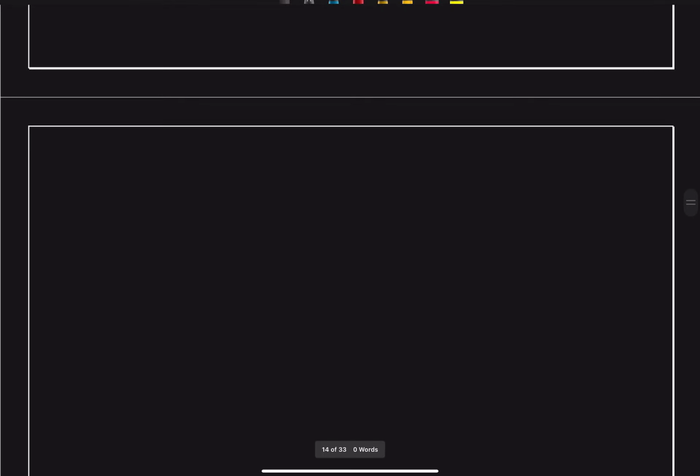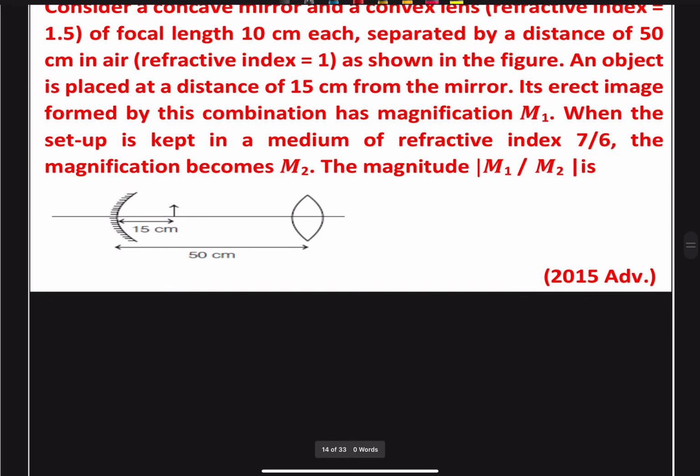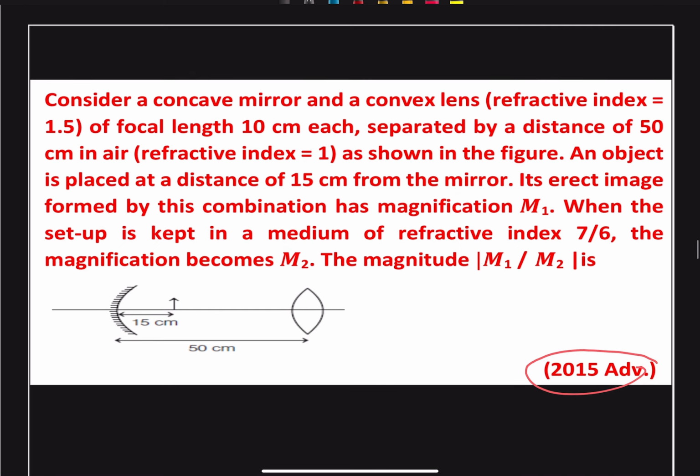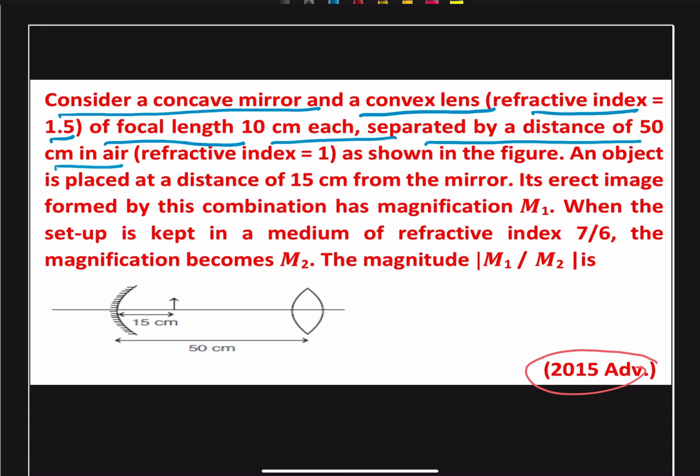In the next question, it was asked in the 2015 Advanced, and it states: consider a concave mirror and a convex lens of refractive index 1.5, of focal length 10 cm each, separated by a distance of 50 cm in air of refractive index 1, as shown in the figure.